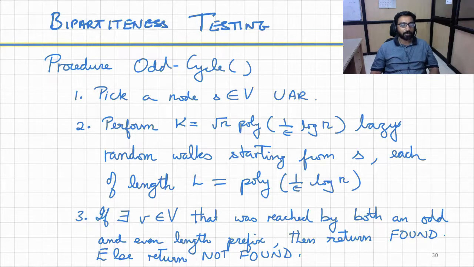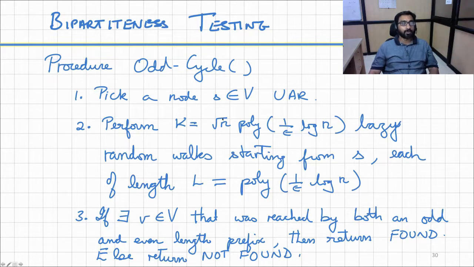In particular, we will be performing square root of n times polynomial in 1 over epsilon log n number of random walks starting from S. And each of these random walks will be of length L, and that L is going to be a polynomial in 1 over epsilon times log n. And recall that this is going to be a sufficient amount of time for the random walk to mix.